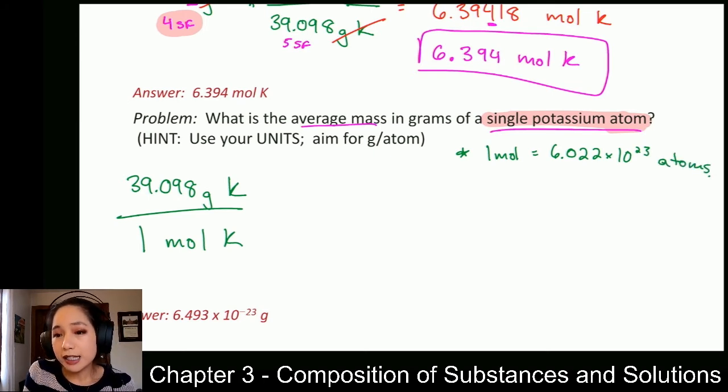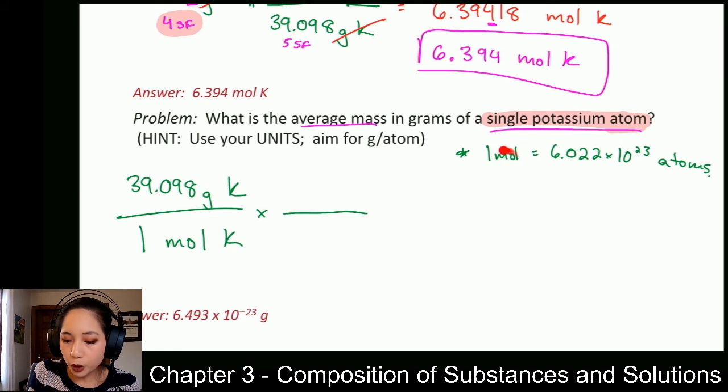So this is an example of using Avogadro's number in a calculation to convert from moles of a substance to atoms of that substance. So we're going to use this equality and convert the denominator. We want to convert moles to single atoms.